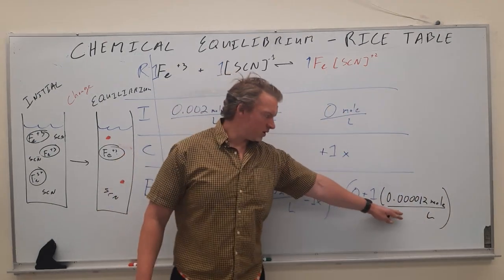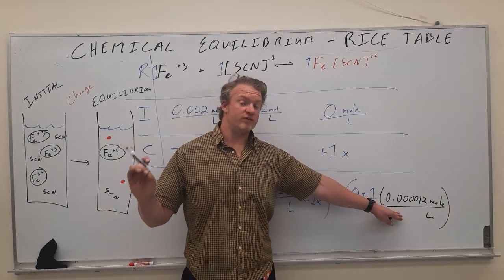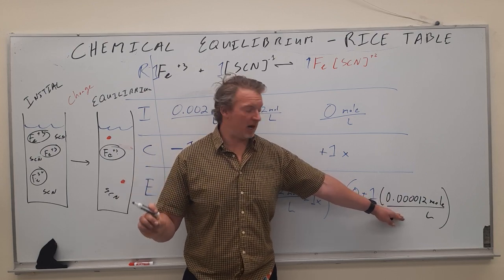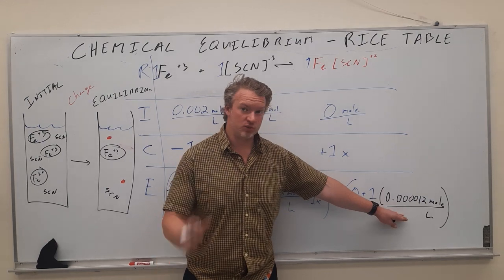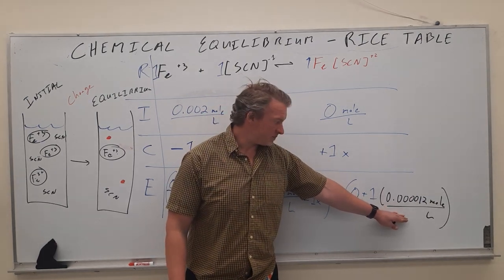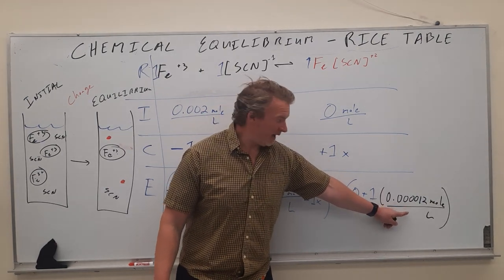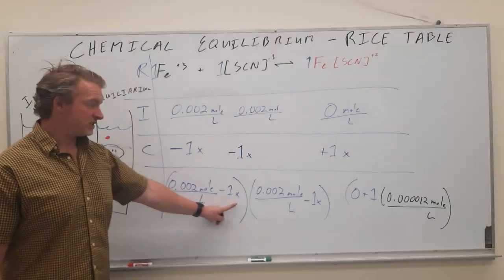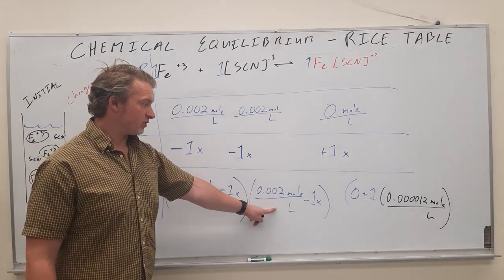This is what you would read off of the calibration curve after solving for the y equals mx plus b Beer's law plot. I just made this number up, but you would use your y equals mx plus b here. Now that we have a value for x, we can plug it in everywhere we see x and evaluate these numbers here.